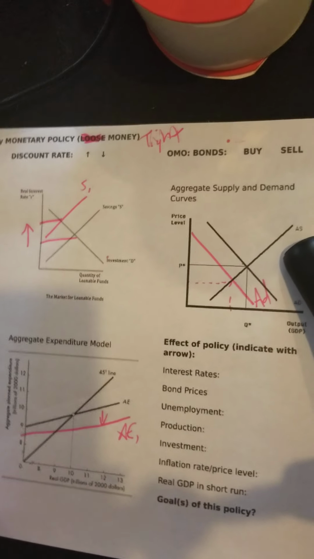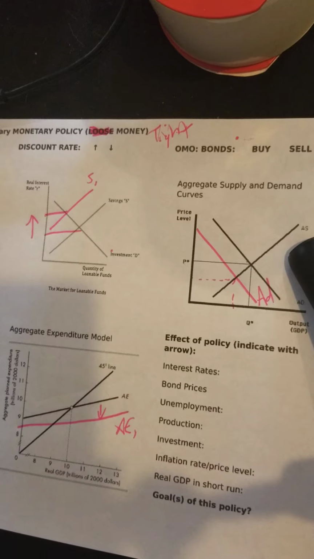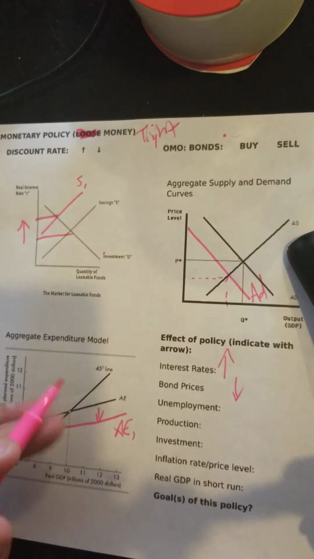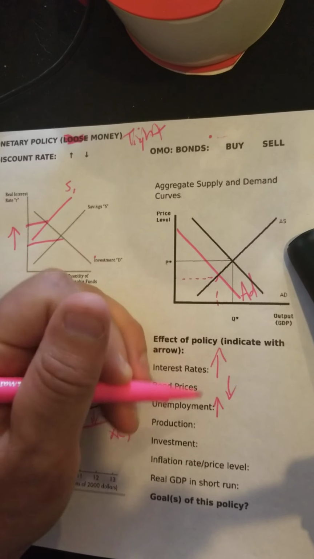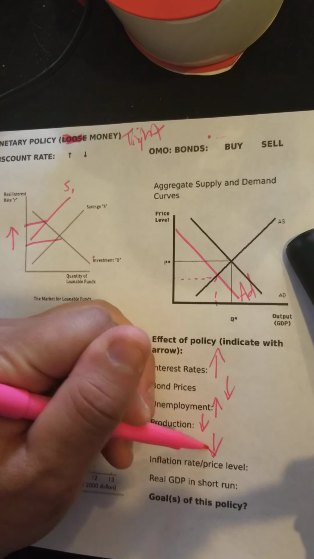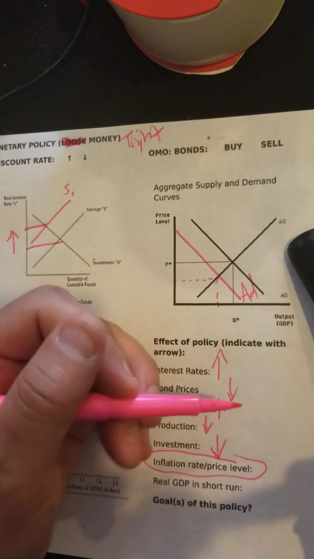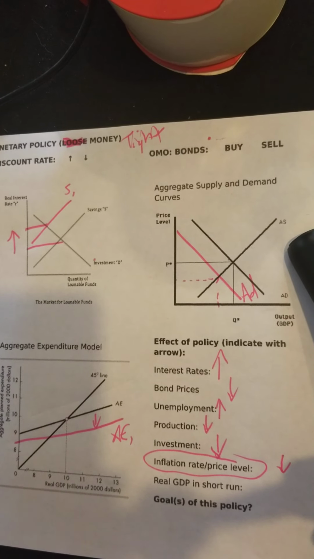The whole deal that happened here is that by conducting contractionary monetary policy, the Federal Reserve raised interest rates, which lowered bond prices. We know that it increased unemployment and decreased production, decreased investment, and here, by the way, getting ahead of ourselves, it lowered the price level, or at least attempted to get inflation under control.